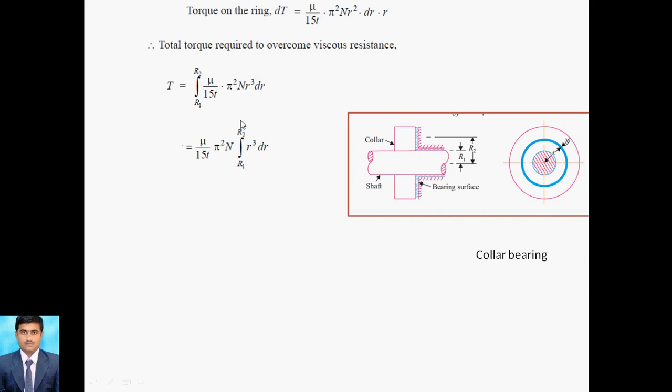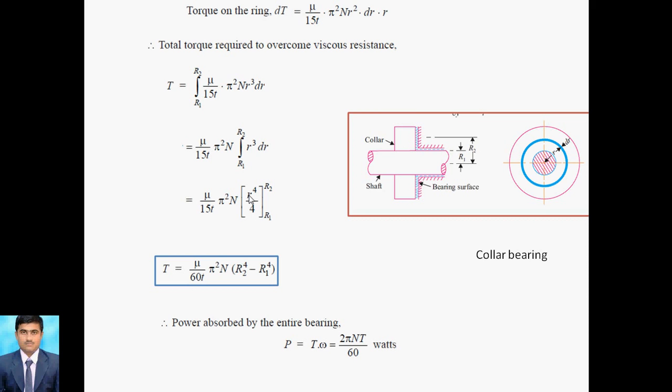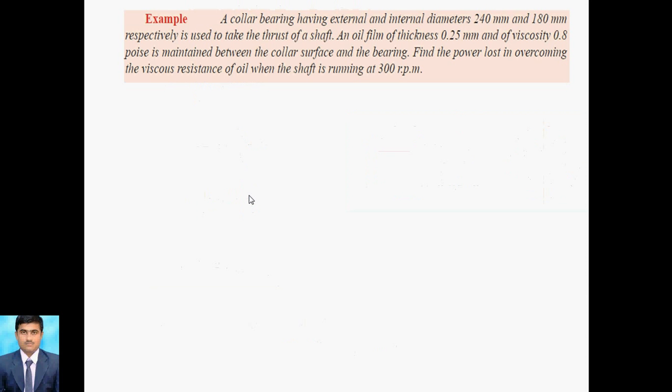Only r cubed dr varies, and the rest, mu pi squared N by 15 t, is constant. So we get r raised to 4 by 4 between R1 and R2, which gives the torque. Then the power required is P equal to omega T, that is 2 pi N T divided by 60, the power absorbed, in watts.